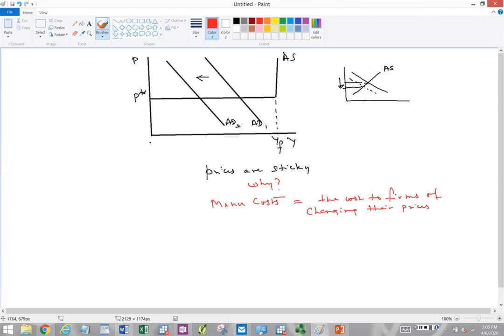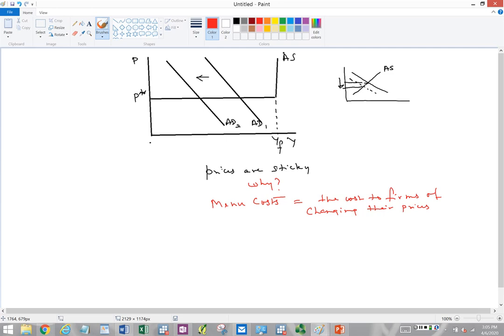Now think about, say, Walmart. If Walmart wants to lower prices on all goods, wouldn't it have to, in the middle of the night, send an army of workers with those machines that put on new price tags or price stickers on things? Right? They'd have to go through every item and add this price sticker, and that's going to cost a lot in terms of paying these workers overtime, etc. That's one example of a high menu cost.